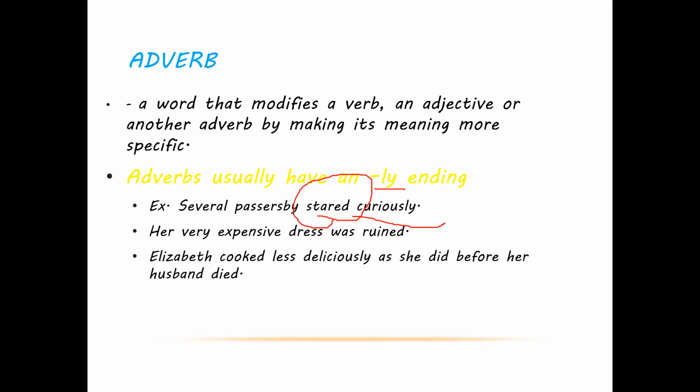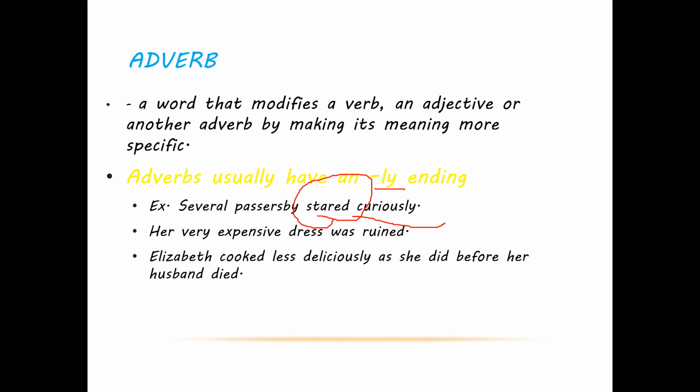How did the passerby stare? Curiously. Ibig sabihin, marites. Several passerby stared curiously. O, diba? Bago, papunta na sana sa work, pero may nakitang chika dun sa kanto. Nakiusyoso ba? In Tagalog, nakiusyoso sila, right?